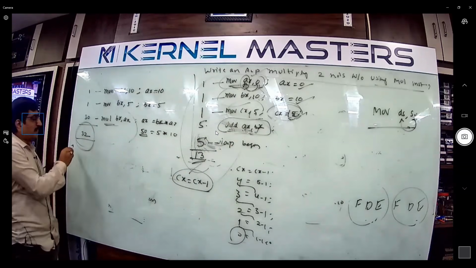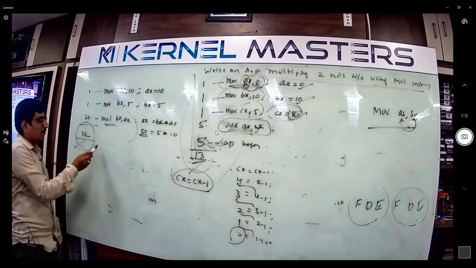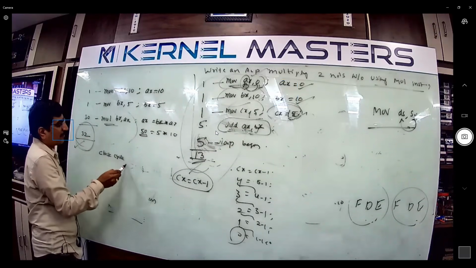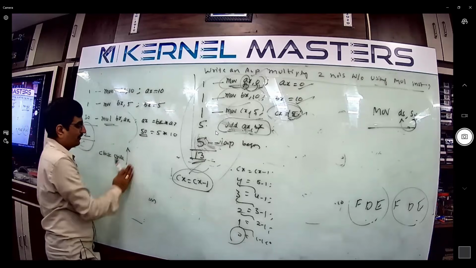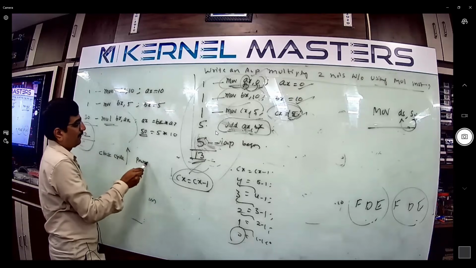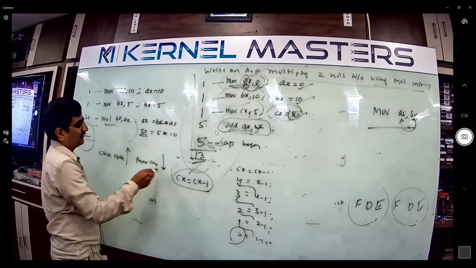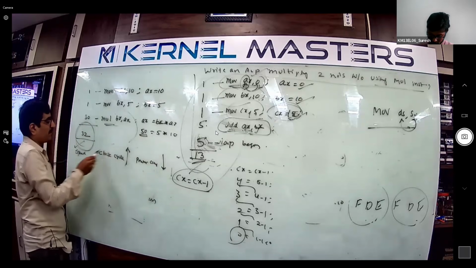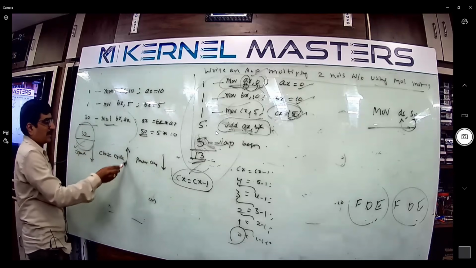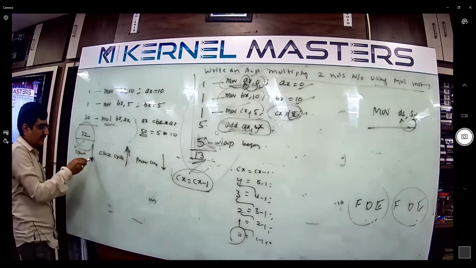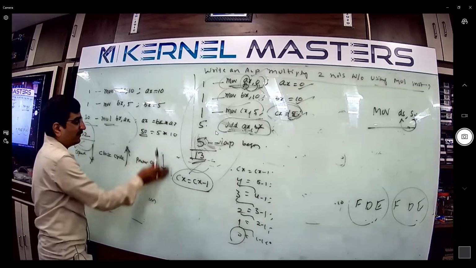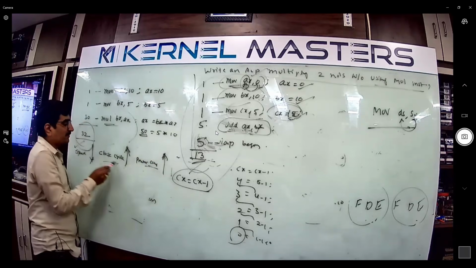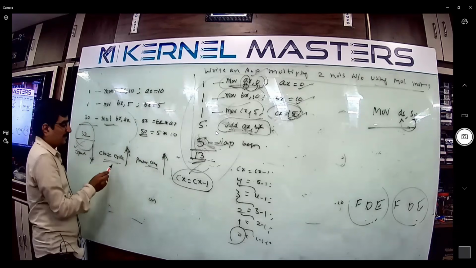When the number of clock cycles is more, the speed of operation decreases and power consumption increases, because frequency is directly proportional to power consumption.